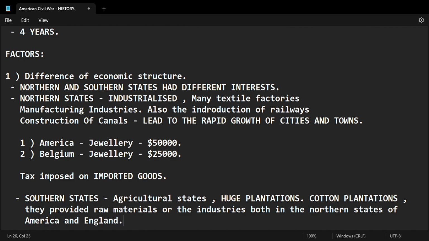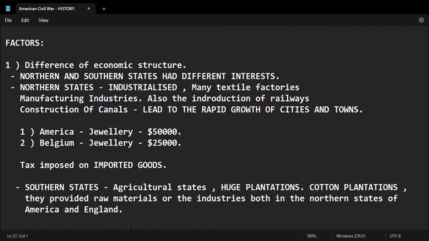Okay, so everything which is made by industry needs raw materials. So there should be some place from where they get raw materials, and these are the southern states of North America.